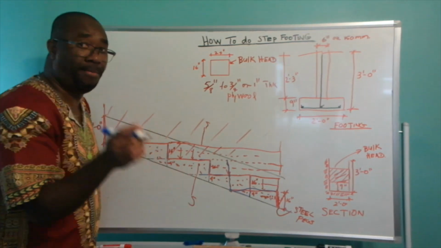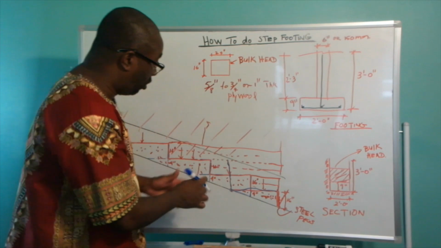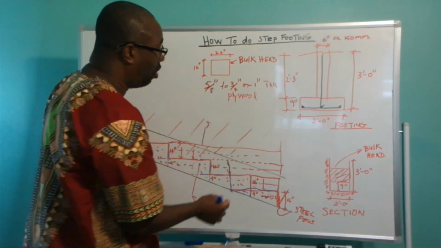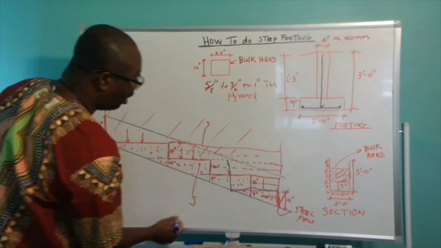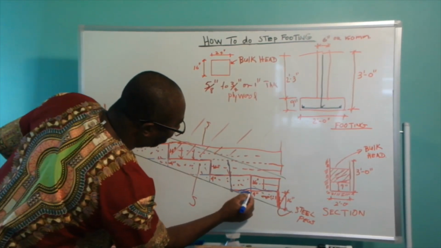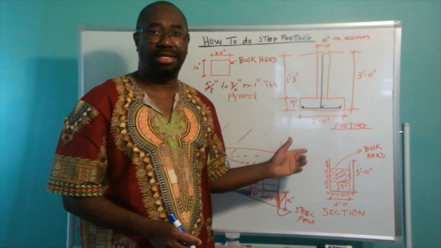And that's where some workers on construction sites step the foundation on that slope line. And that is not right, because you're going to put your blockwork on top of this portion here, which is less than 9 inches.